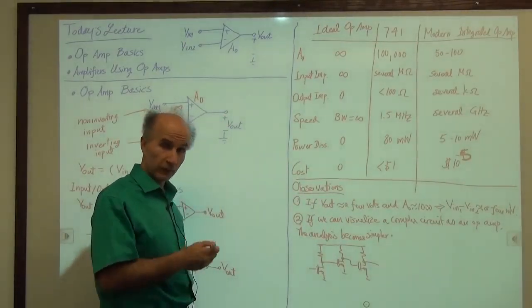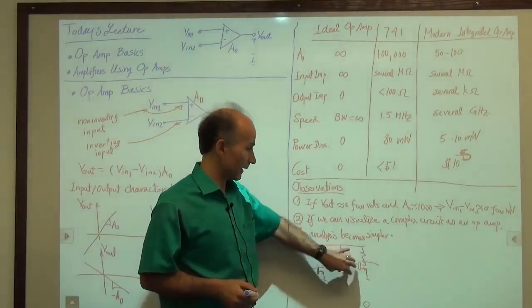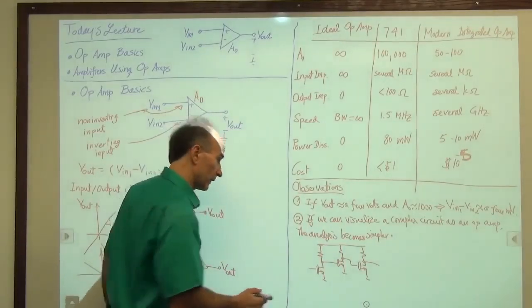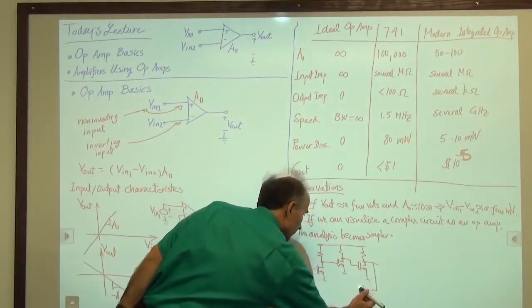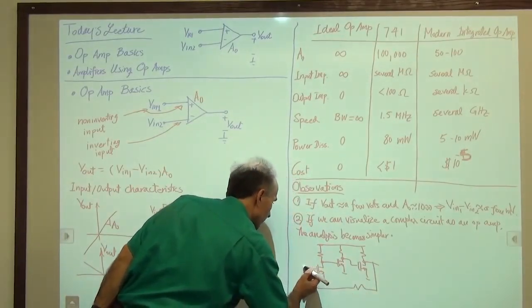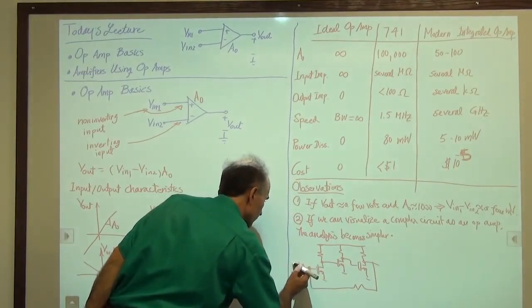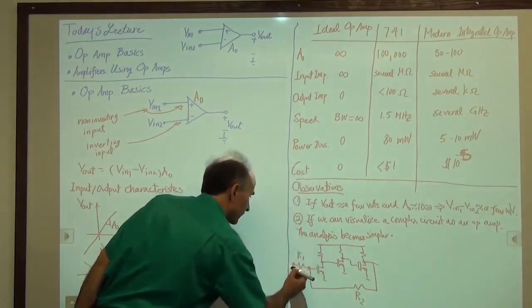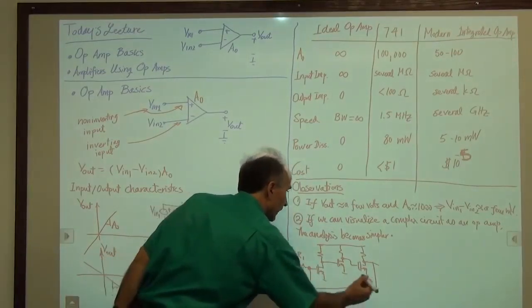Okay? Now we know how to do that. That's easy. This gain times that gain. But what the interviewer is showing you is like this. We have a resistor from here to here, and then we have a resistor from here to here. This is R1, this is R2, V in here, and V out here.